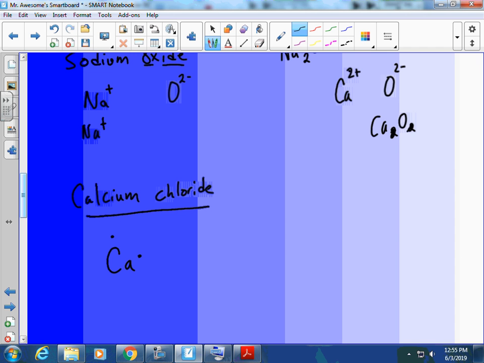So remember, don't do 2 dots on the side until you do 1 on each. And then chloride has 7. All right, but it's not just going to be CaCl for calcium chloride. I think I gave you the formula, actually. It'd be CaCl2. I gave you the formula.